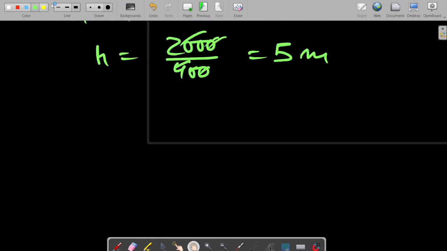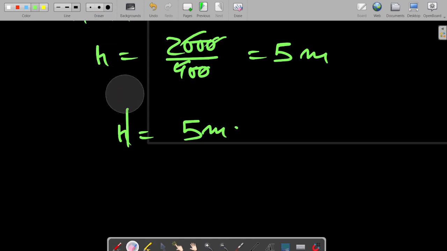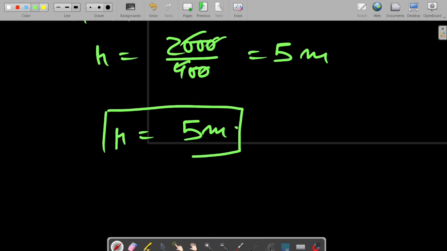So we have got our height h as 5 meter. So we have solved our second part, that is height h is equal to 5 meter.